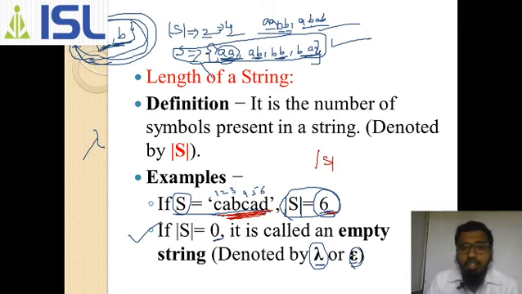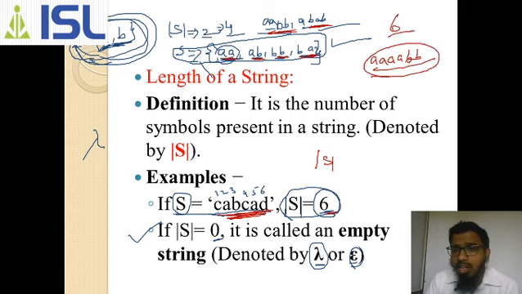This is a 2 level string, and this is a 4 level string. Like that you can create any number of strings, for example a b b, and you need to take only these sigma alphabets and create the string. So this is a 6th level string.